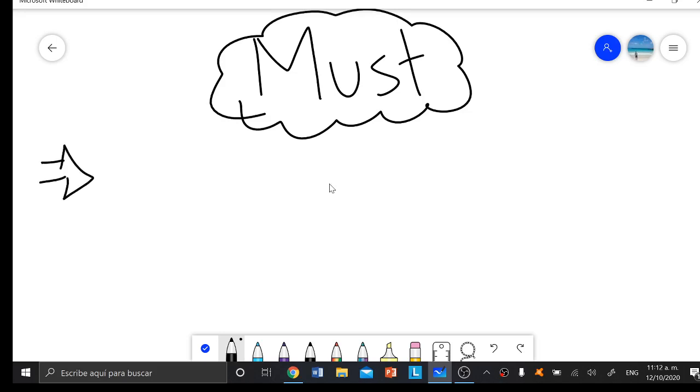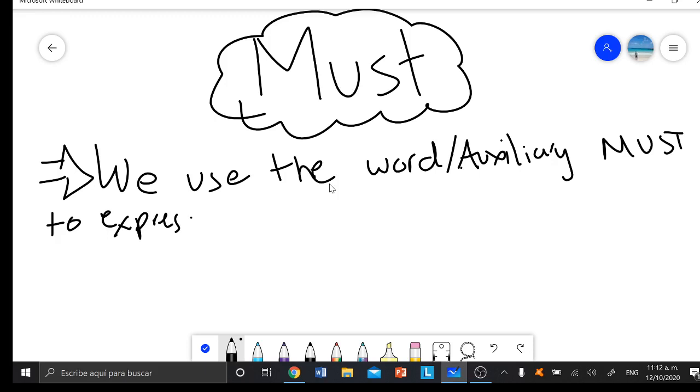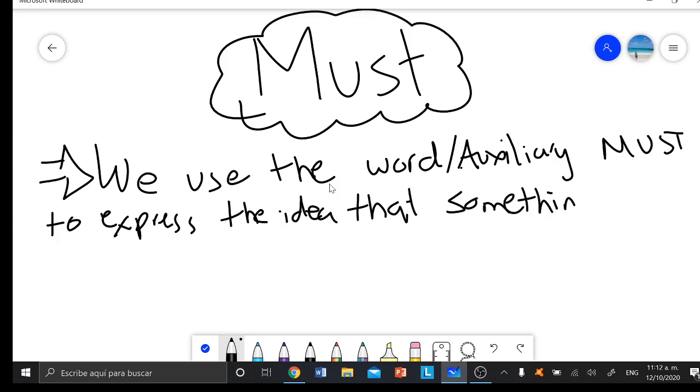Okay, and the definition says we use the word or auxiliary must to express the idea that something is necessary to do.